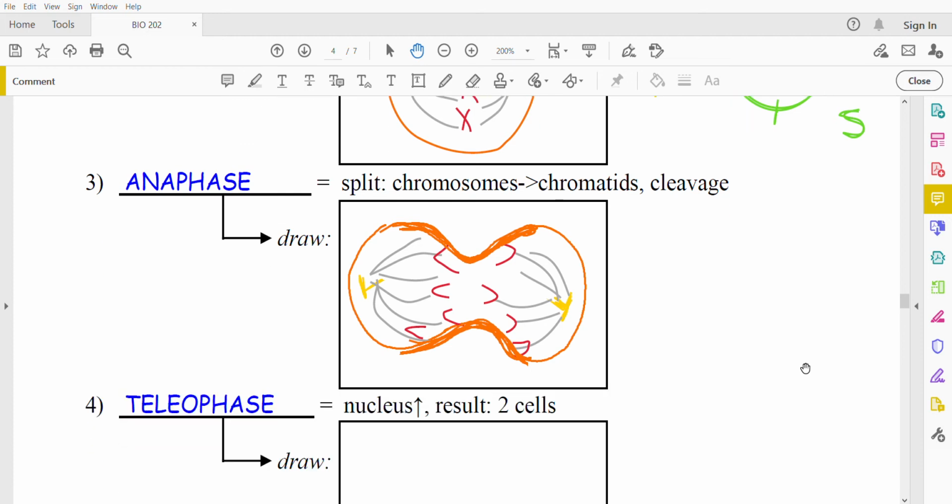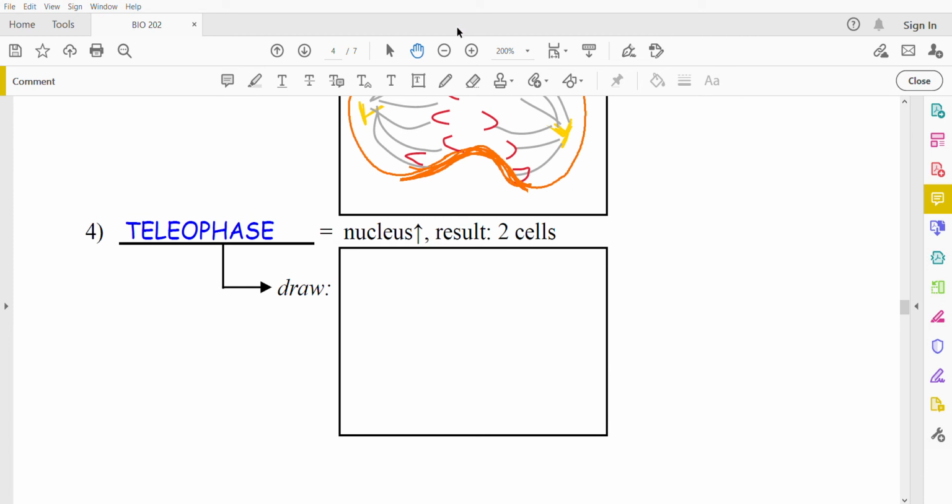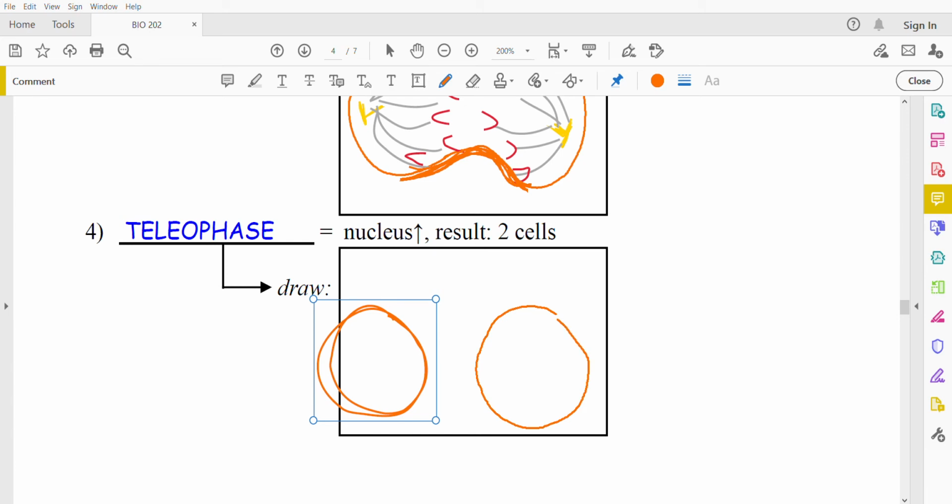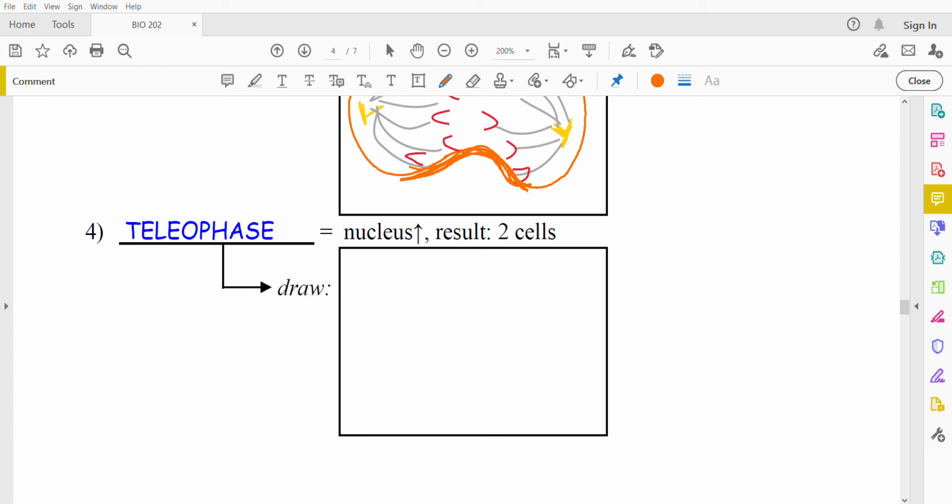And finally, we get to telophase. During telophase, now we see two separate cells that have resulted from this process. And in addition, let me draw those again so that they stick within the boxes.